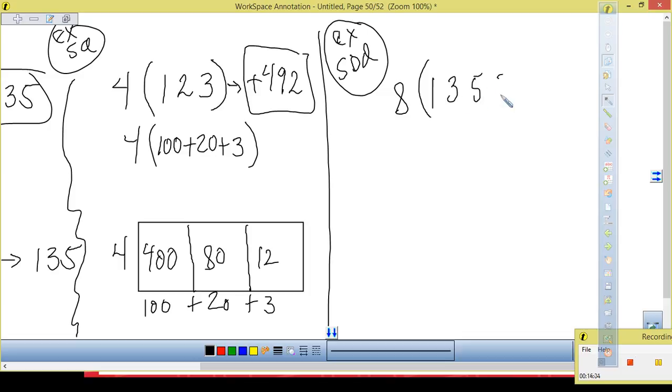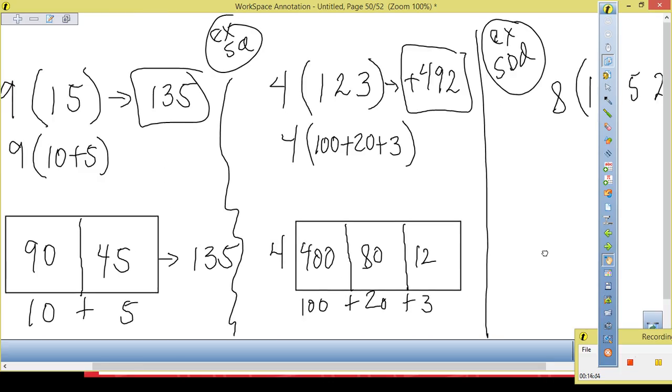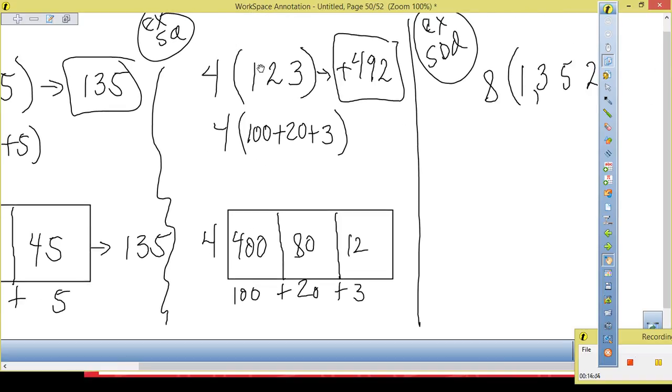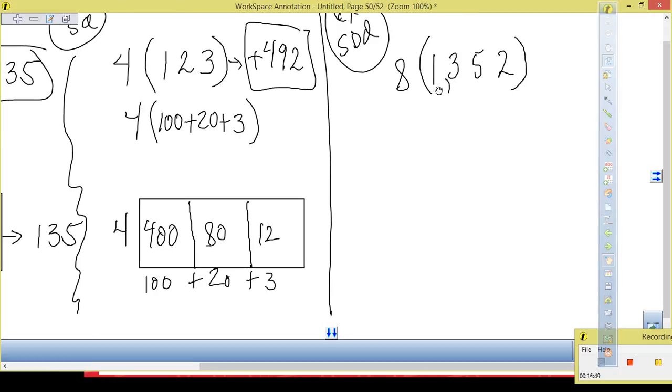So let me go back to the previous ones to see what we did over here. If 15 was 10 plus 5, 123 was 100 plus 20 plus 3, how would you write 1,352? Okay, write it out, and then I'm going to have you share with your neighbor.